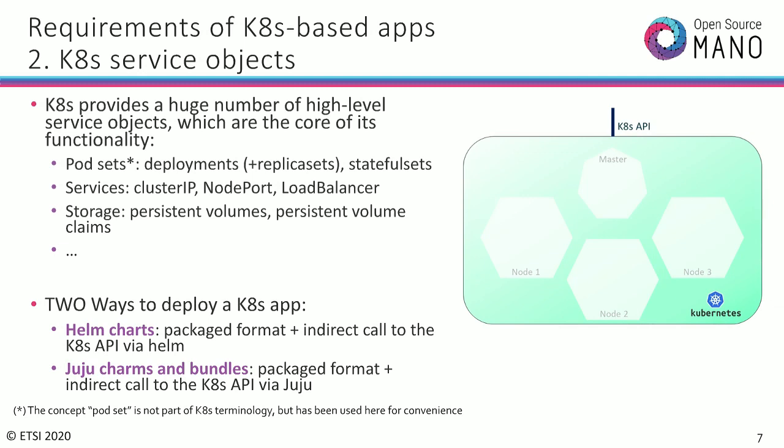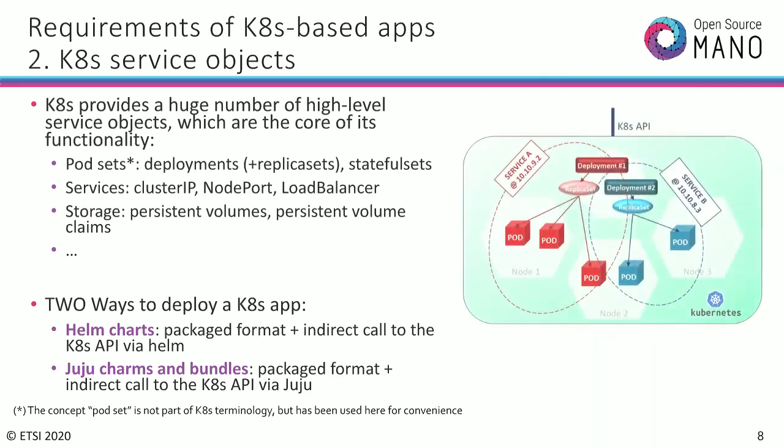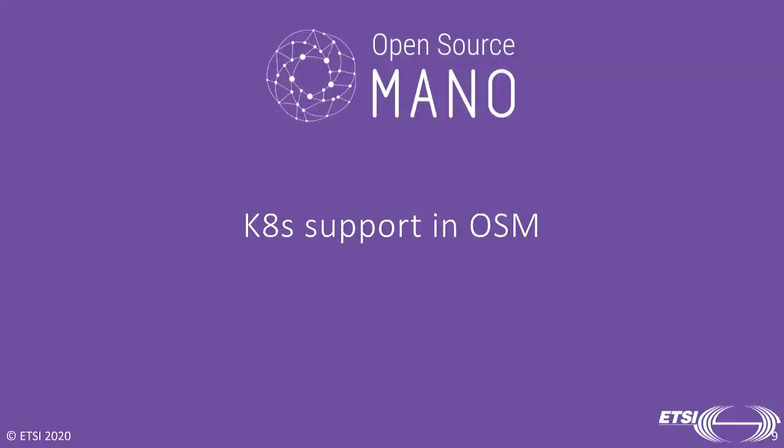Once we have understood what an application needs, this is an animation of what you will get when you deploy: a lot of deployments, etc. So how have we foreseen, designed and implemented the support of Kubernetes in OSM?